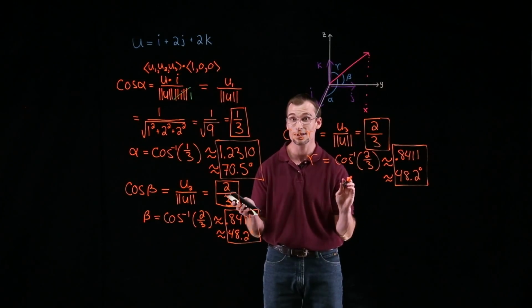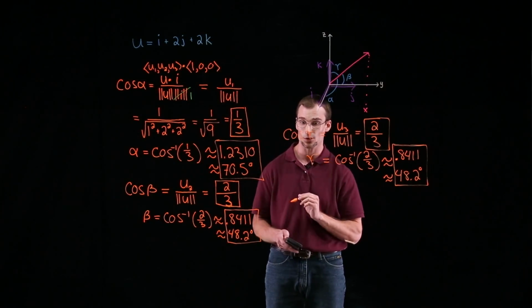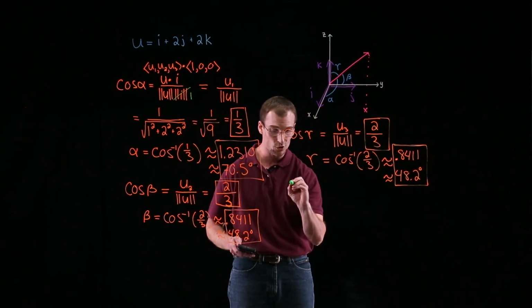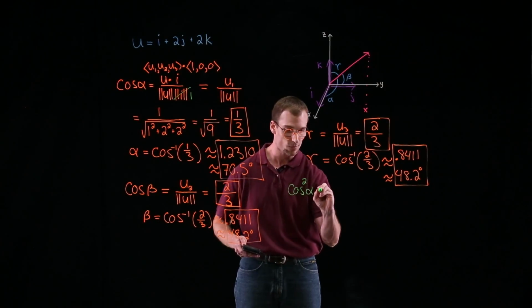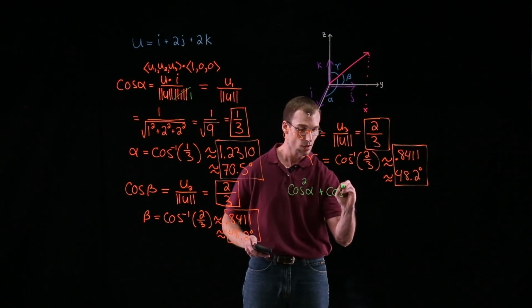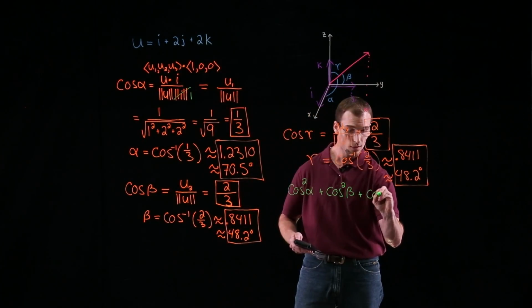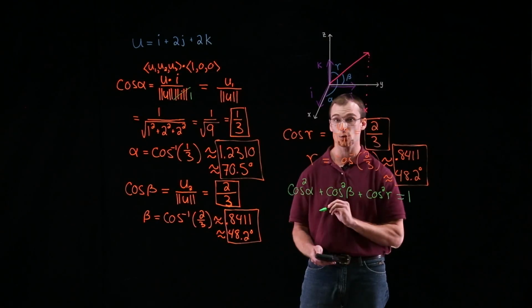Whew. And so the last thing that we want to do is show that the sum of squares of the direction cosines is equal to 1. Namely, what we want to show is that cosine squared of alpha plus cosine squared of beta plus cosine squared of gamma is equal to 1.